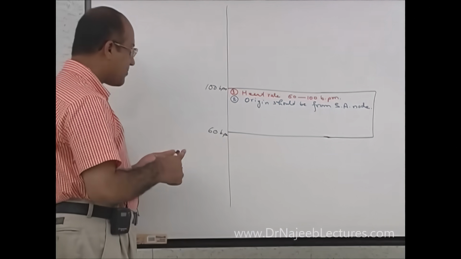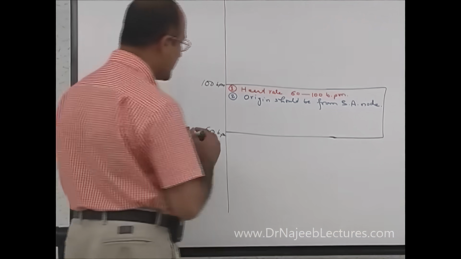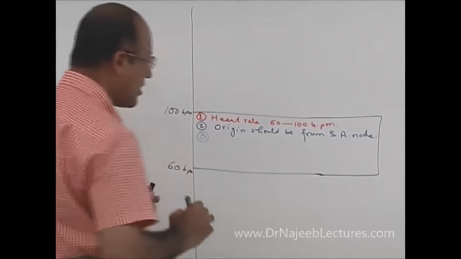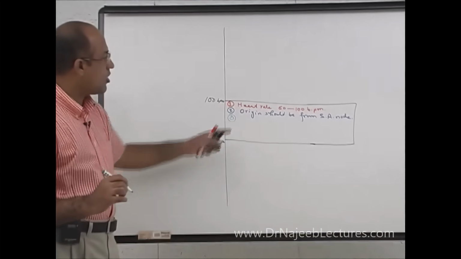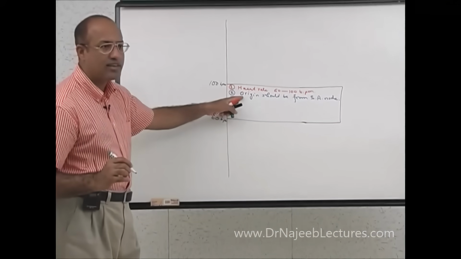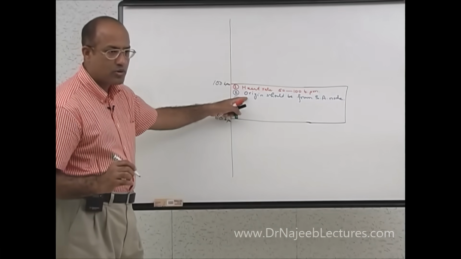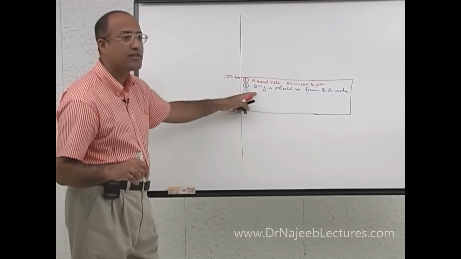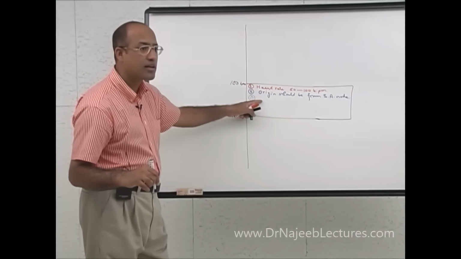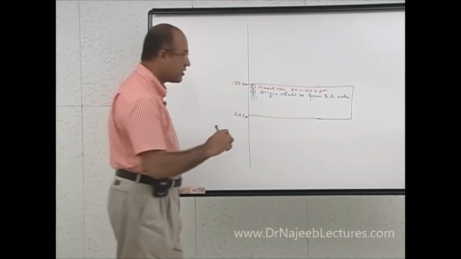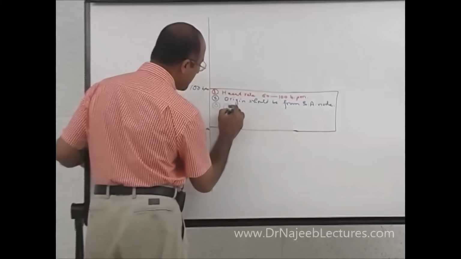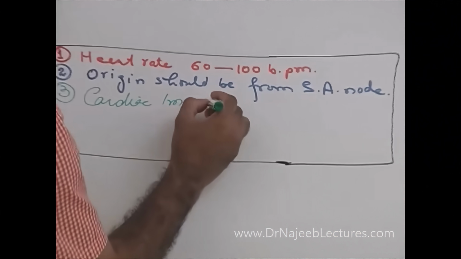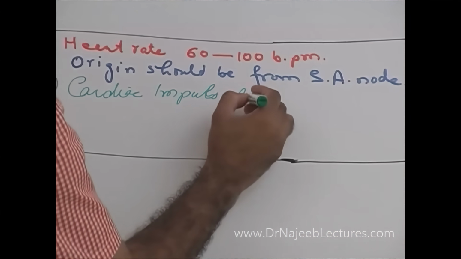Number three criteria is that all electrical impulses or cardiac impulses should not only take origin from the SA node but should also propagate through the normal conduction pathway.